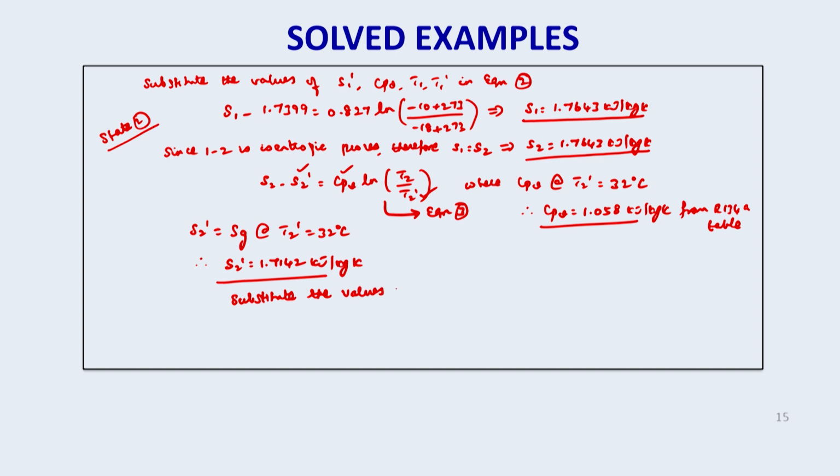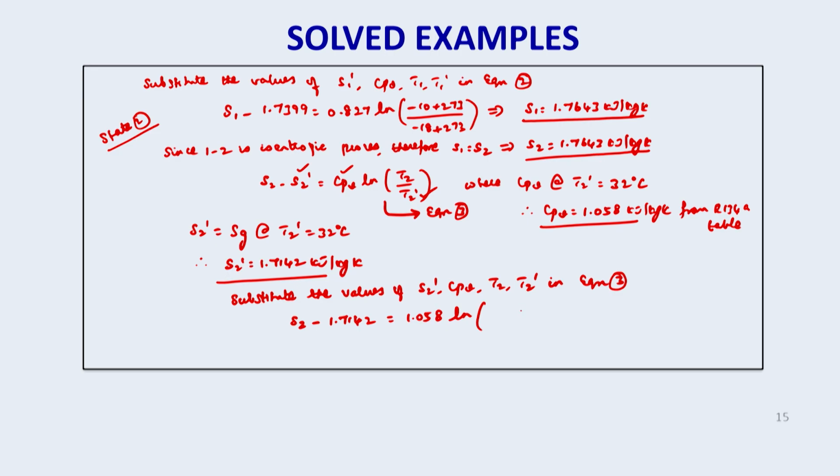Substitute the values of S2 dash, Cp of vapor, T2 dash in equation 3. So S2 minus S2 dash is 1.7142. Cp of vapor is 1.058 into ln of T2 by T2 dash. Temperature should be substituted in Kelvin.